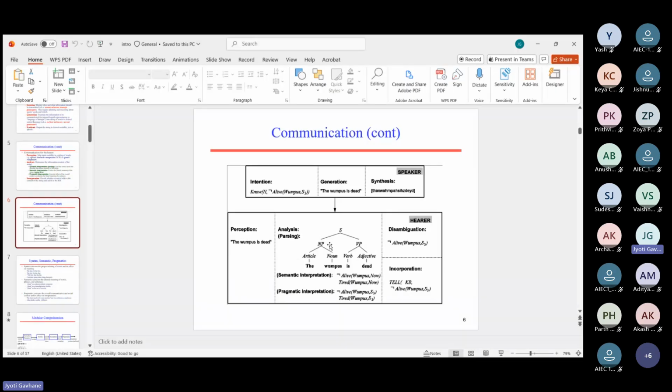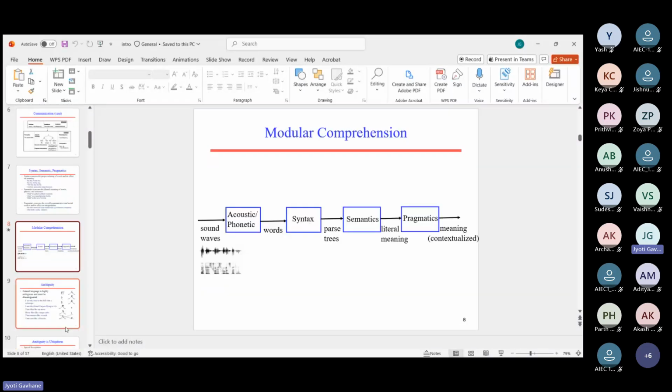So we have seen the diagram, modular comprehension. You may find the different blocks over here. Each and every block is creating one or the other output, so the output of one block is going as the input to the next block. And that is important.